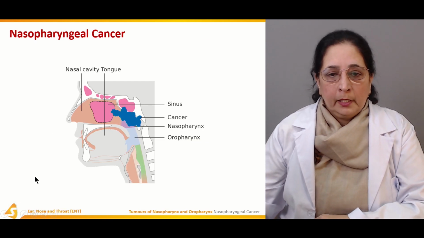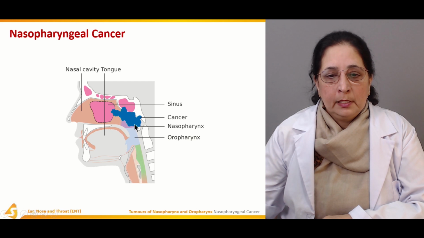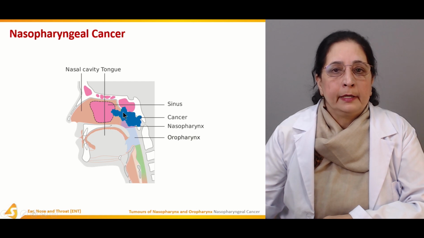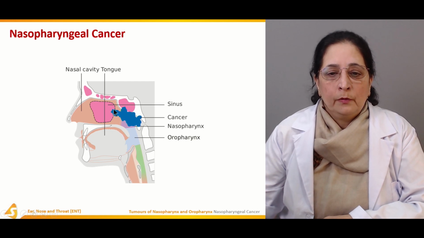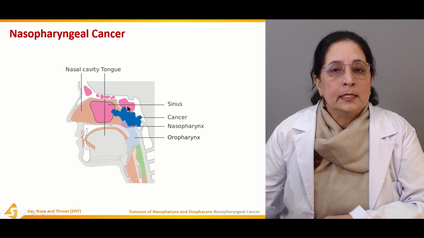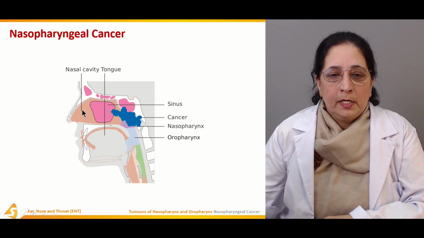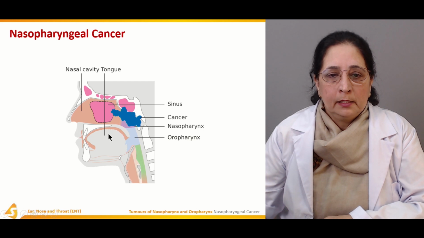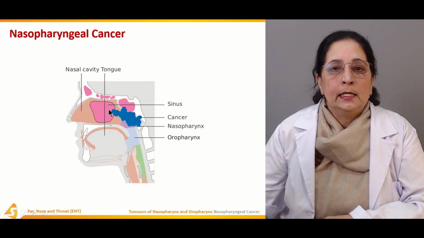So if we look again at the site, this is the nasopharyngeal area. So we have the nasopharynx, and that's the cancer of the nasopharynx, and this is the sinus. Then we have the tongue, and this is the nasal cavity.